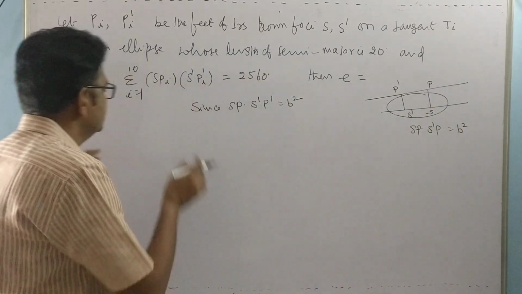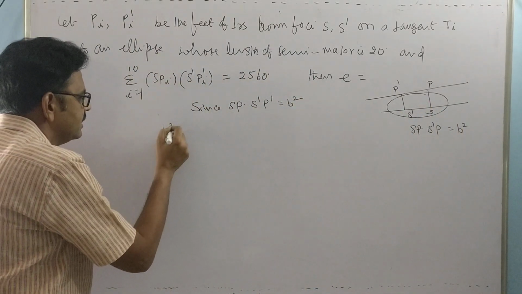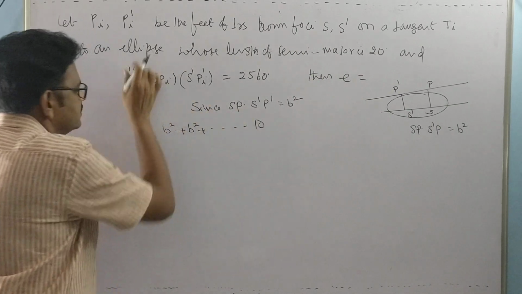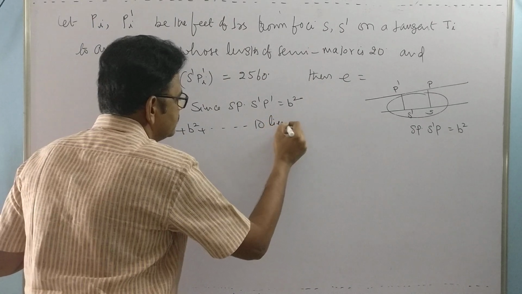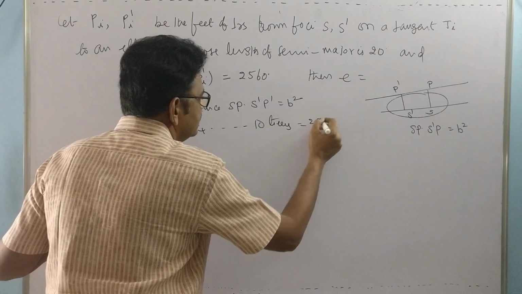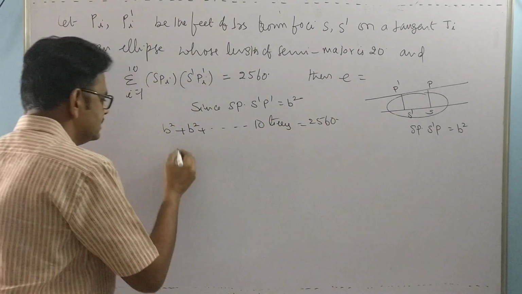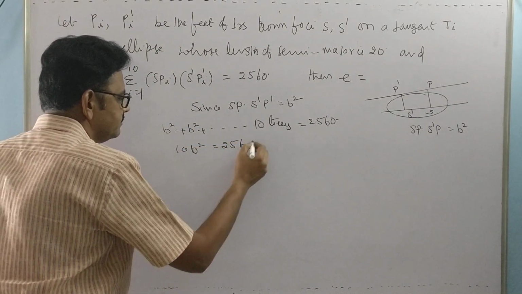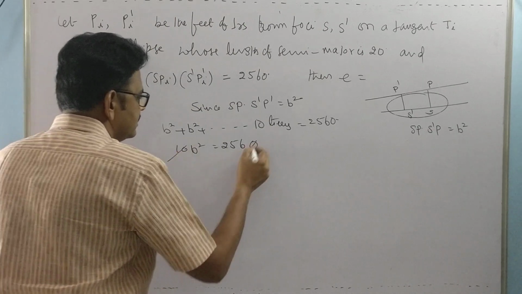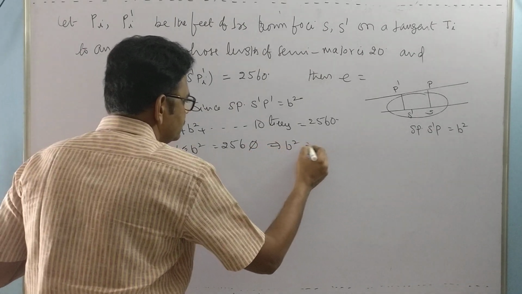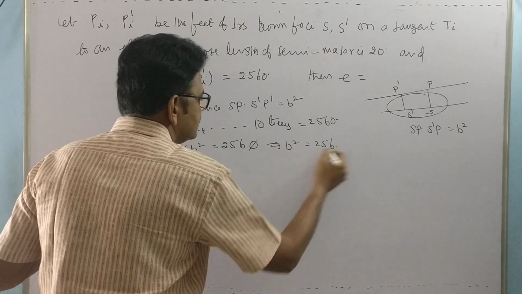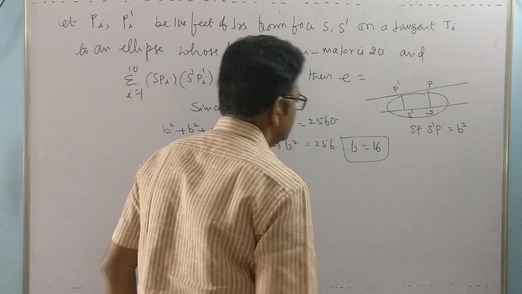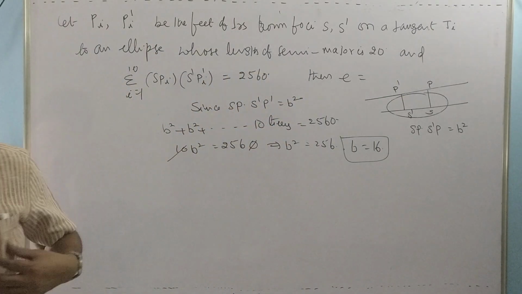Using this, b square plus b square and so on 10 times is equal to 2560. Therefore 10 b square is equal to 2560, implies b square is equal to 256. Therefore b is equal to 16.